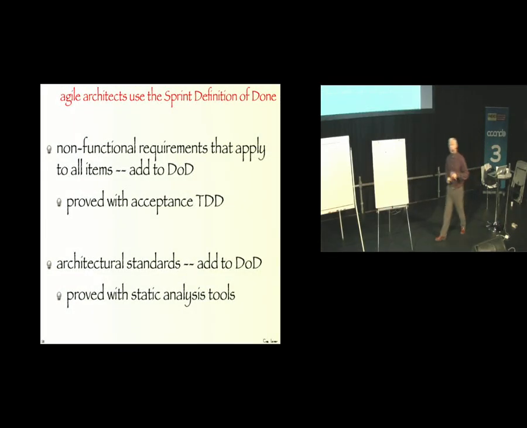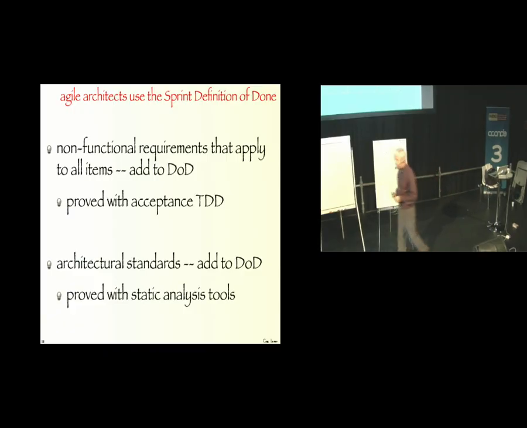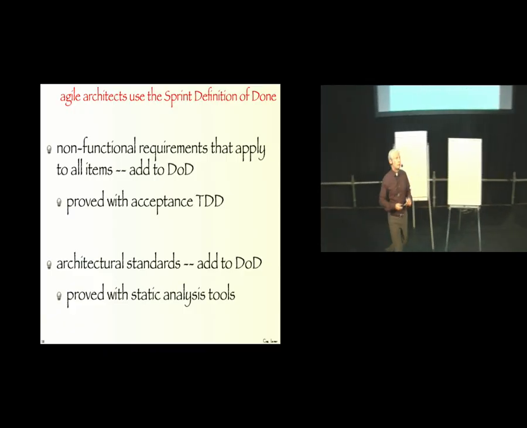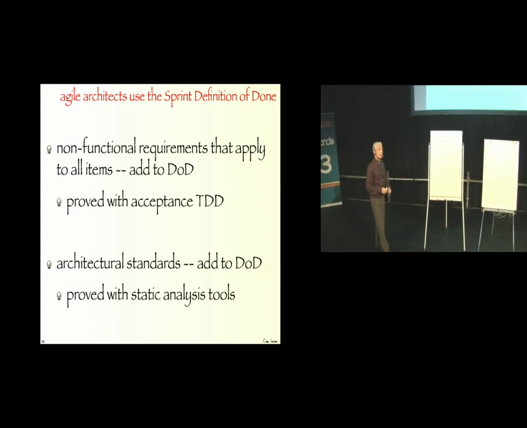Agile architects understand the Scrum Sprint definition of done and how it can be used to improve the architecture and architectural concerns. For example, in the sprint definition of done, we can include non-functional requirements that are proved with acceptance tests.